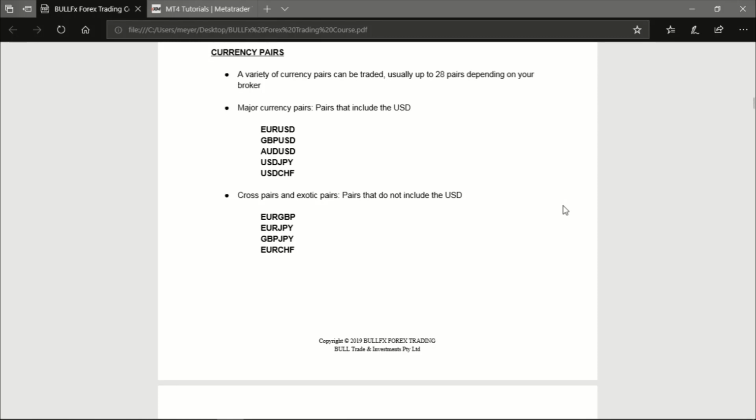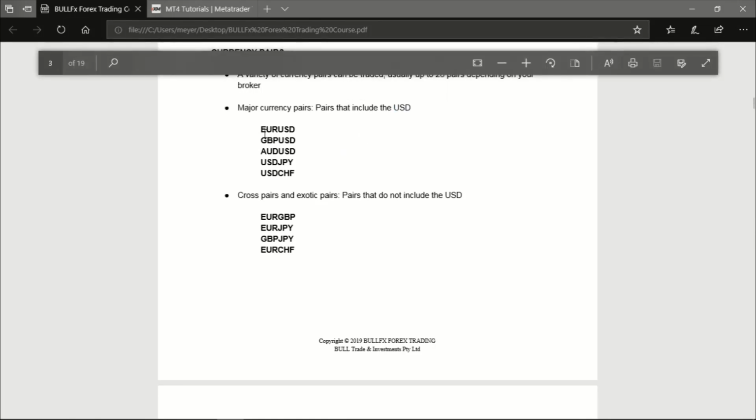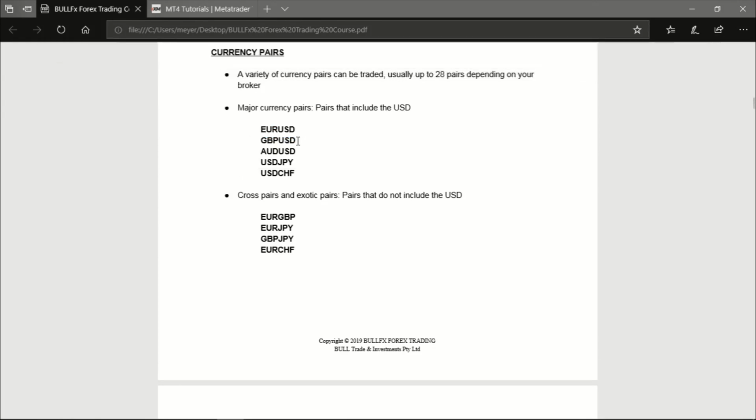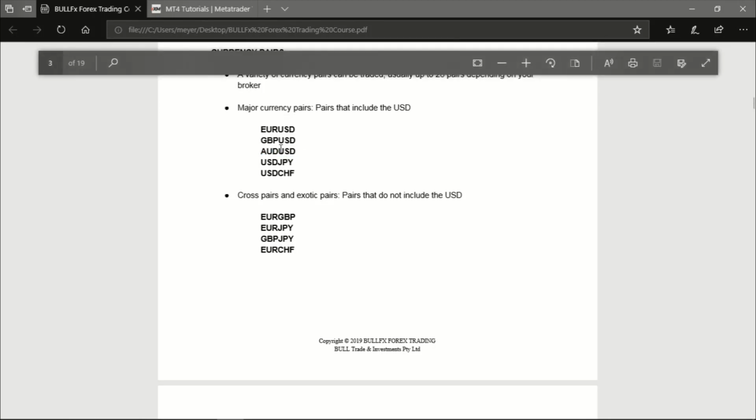Of those you would then have your major currency pairs, so those are pairs that include the United States dollar, and that would be Euro USD, GBP USD, Australian dollar versus US dollar, US dollar versus Japanese yen, and US dollar versus the Swiss franc, okay, which is USD-CHF.